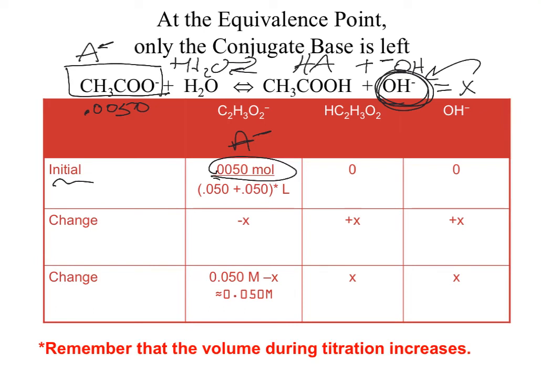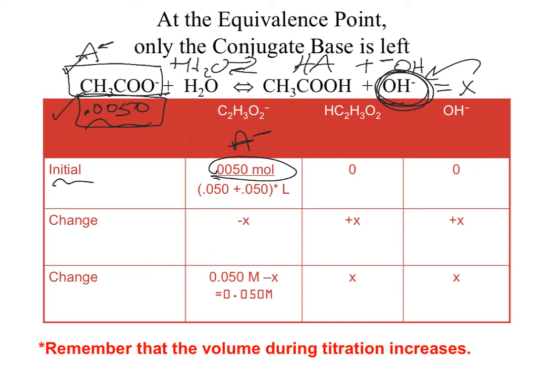If you go back to the original problem, multiply molarity of the weak acid times the volume, you'll see that there are 0.005 moles of the original weak acid. And since all of that weak acid has been converted to its conjugate base, you're going to have the same number of moles of the conjugate base.